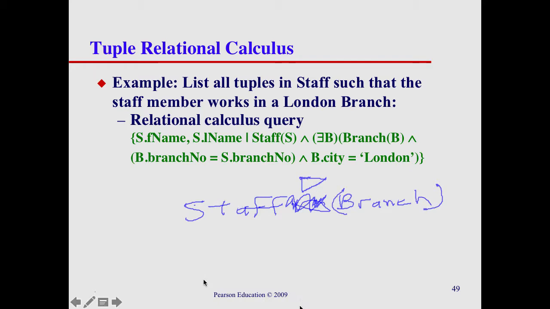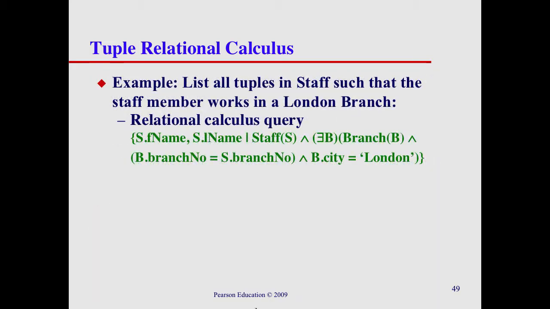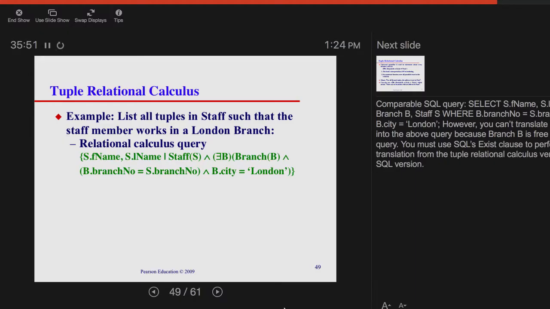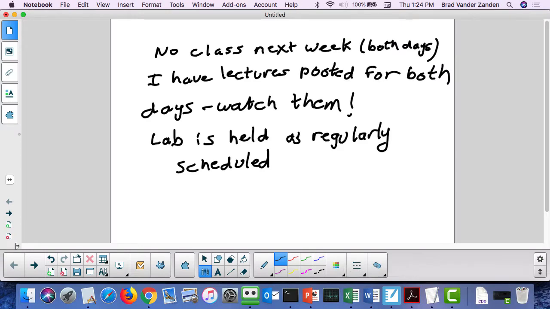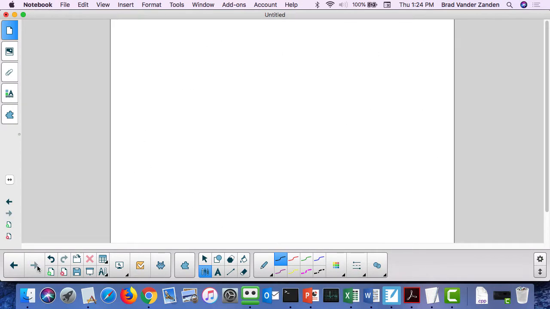I'm going to have to head over here. I need to be able to erase. So what I was doing was staff semijoined with a branch where the branch dot city is London.